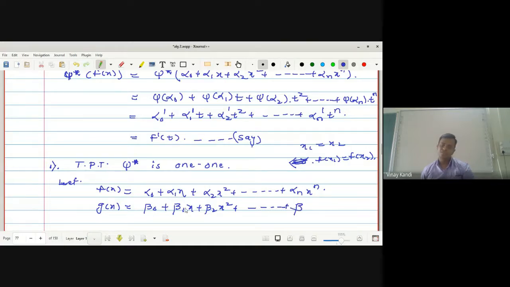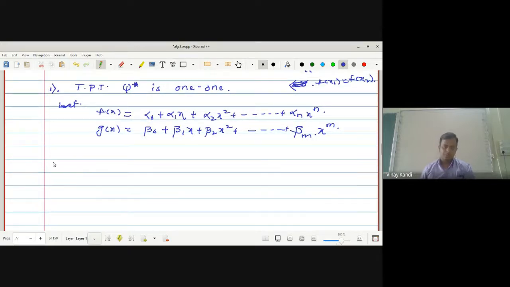Suppose the degree of g of x is m, beta m x raised to m. Maybe n is equal to m or maybe not. Any two elements of capital F of x.